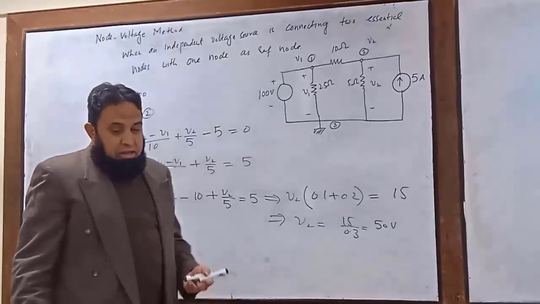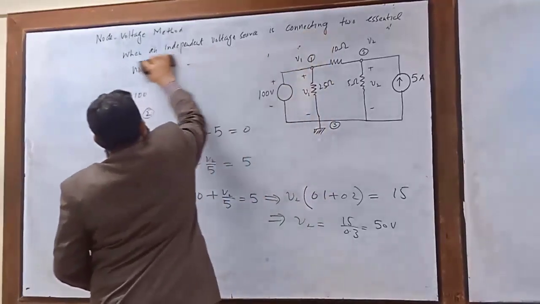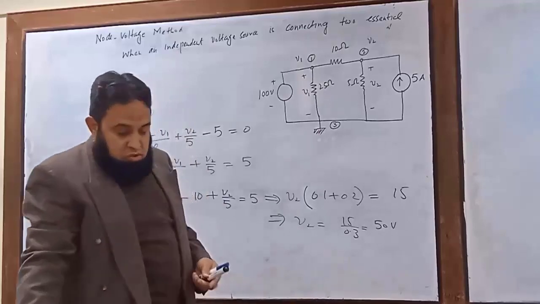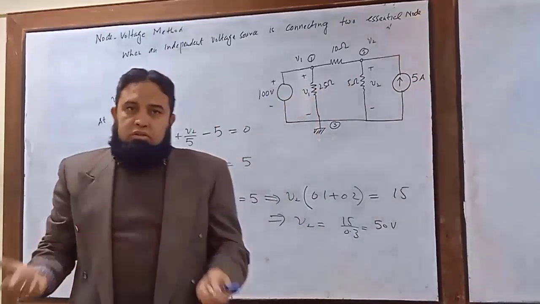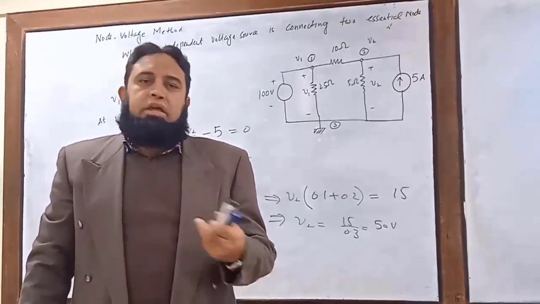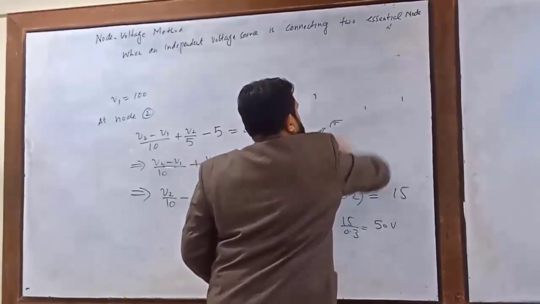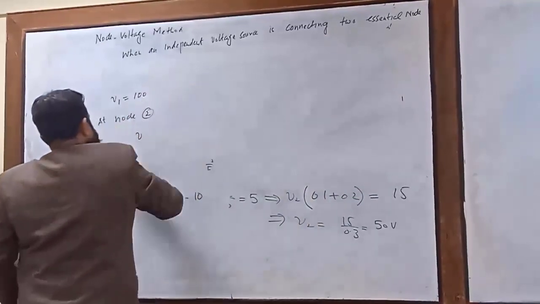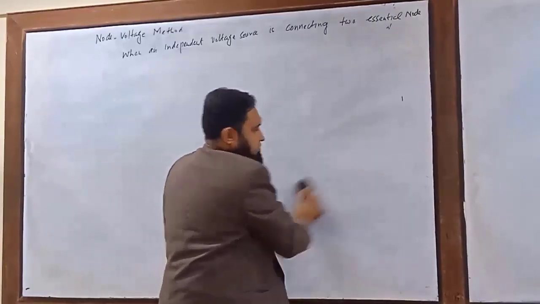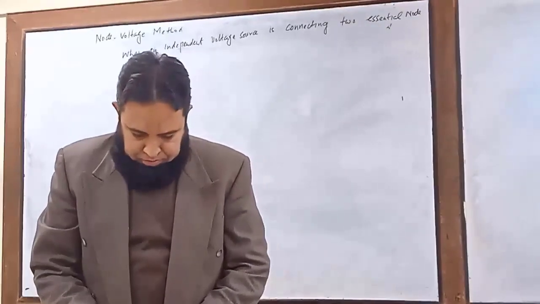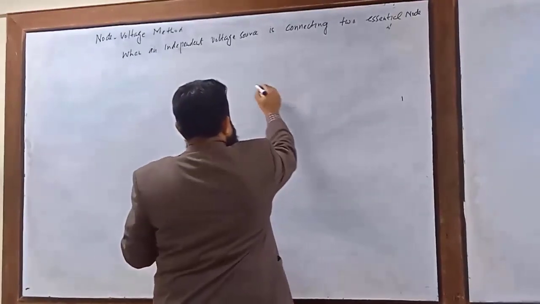Case number 2 is when a voltage source is connected between two essential nodes, and we can relax this, so there is no need for one of them to be the reference node. So let's have this circuit.